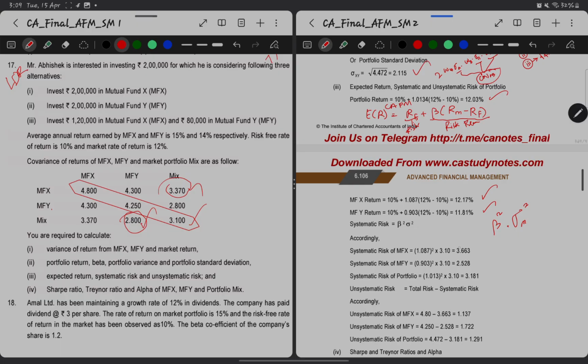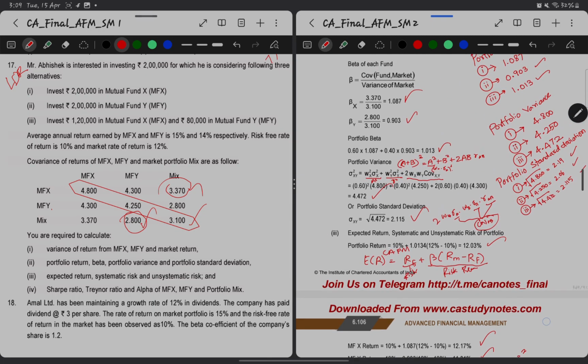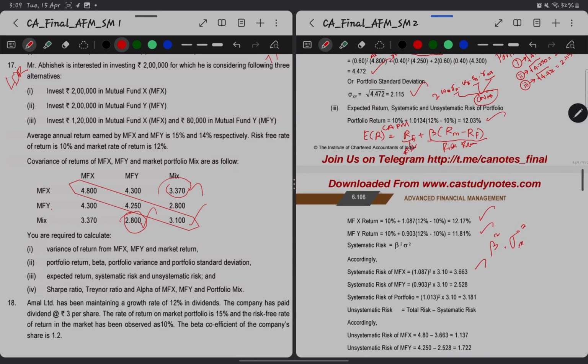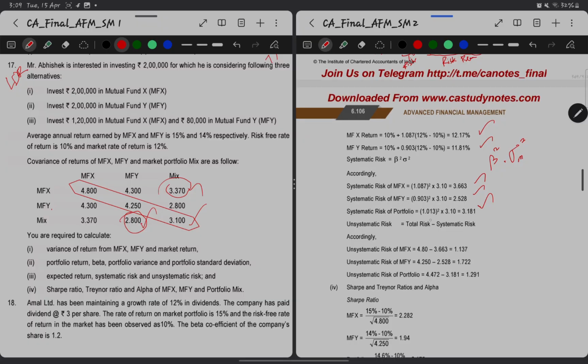So for MFX, the first alternative, 1.087 the whole square multiplied by 3.1 gives 3.663, and in case of the second one, the second alternative mutual fund, the beta is 0.903, the whole square multiplied by the market variance, 2.528 will be the systematic risk, and in case of the portfolio 3.181. Now subtracting it from the total variance which we have previously calculated will give us the unsystematic risk.